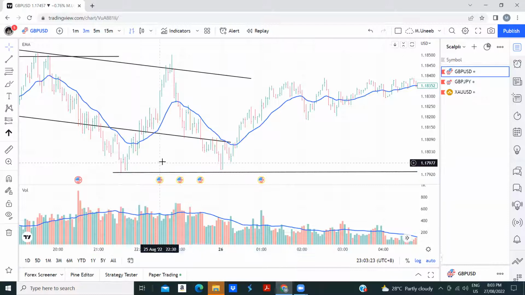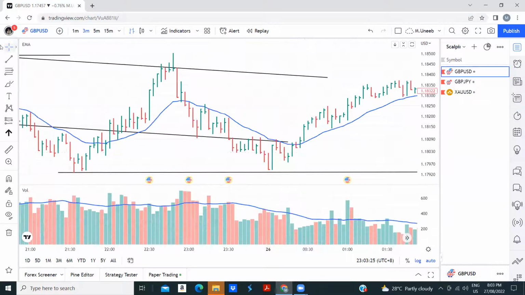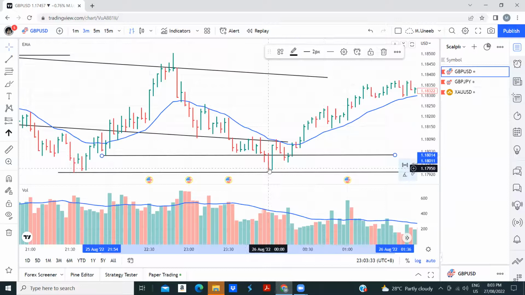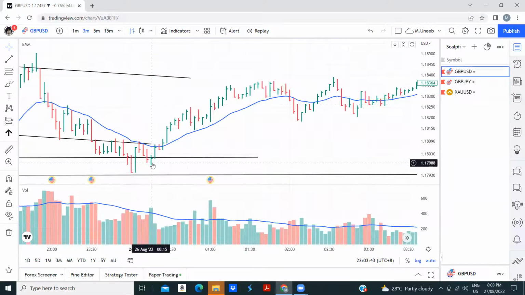Now, if you combine it here, this is the first higher low. See here. This becomes the spring. Test of spring goes up, right? See here.